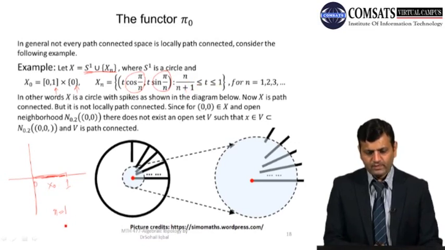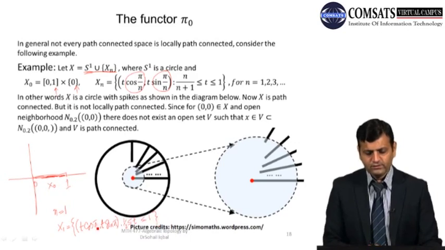So basically our X1 is equal to t cosine pi, t sine pi, where t varies from 1 by 2 to 1.